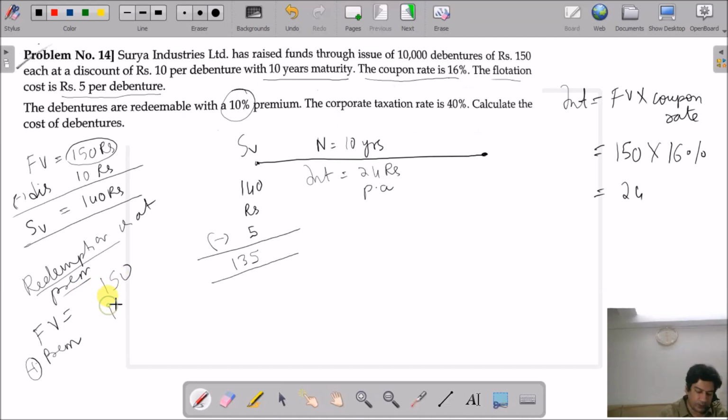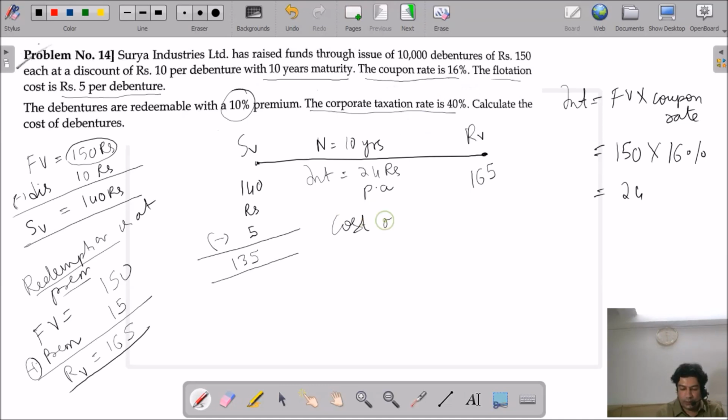So 150 into 10% gives 15 rupees as your premium. So your redemption value will be 165 rupees per debenture. Then there is a corporate tax of 40%, which we will incorporate when we write the formula. So right now we are doing the cost of debentures.